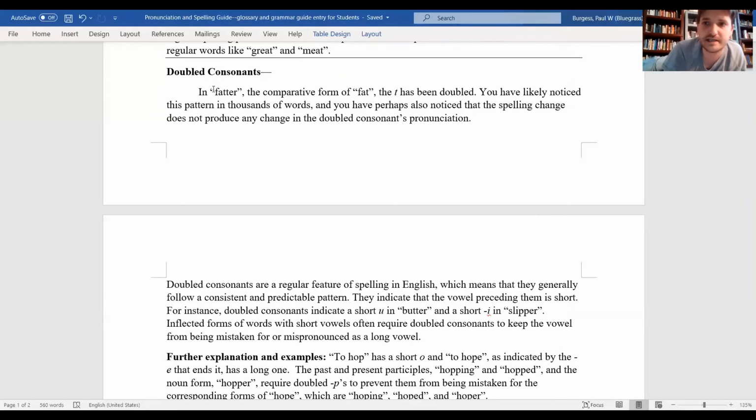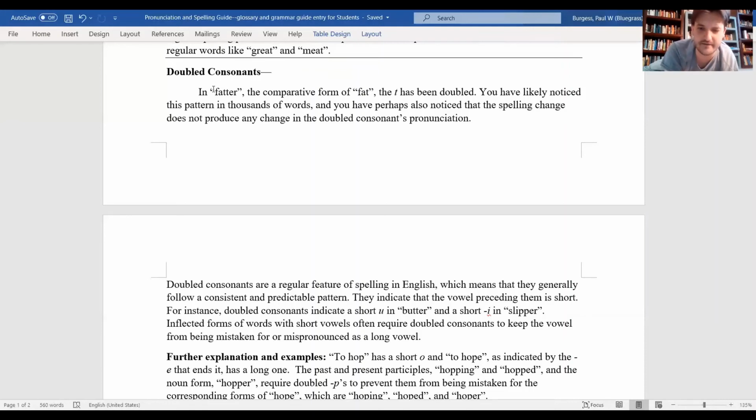The doubled consonants are not pronounced: butter, fatter, cutter. They don't add any strength. The misconception that you pronounce every single letter in a language is especially bad in a language like English. We have so many silent letters, so many letters that change their sounds, so many letters that join to make different sounds.